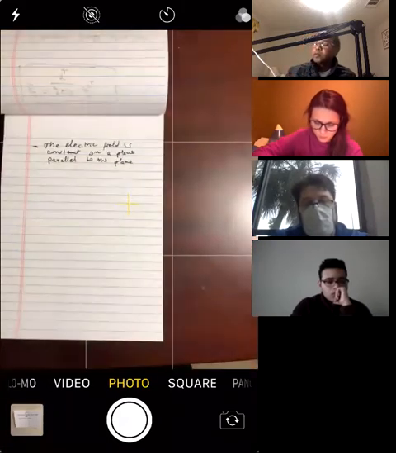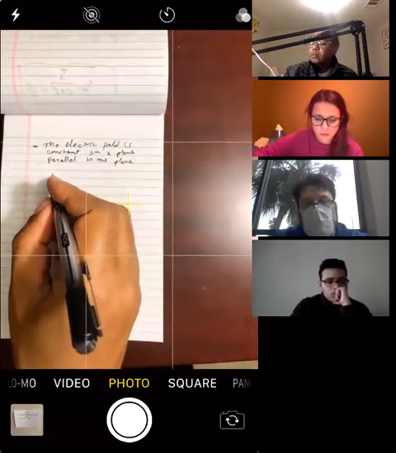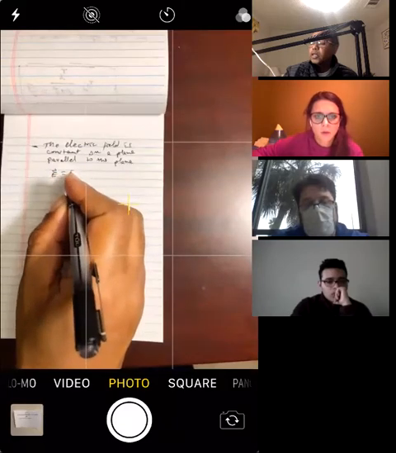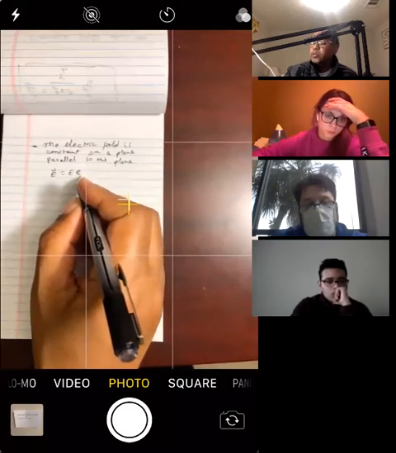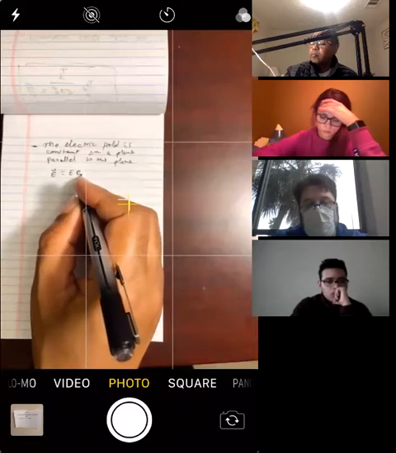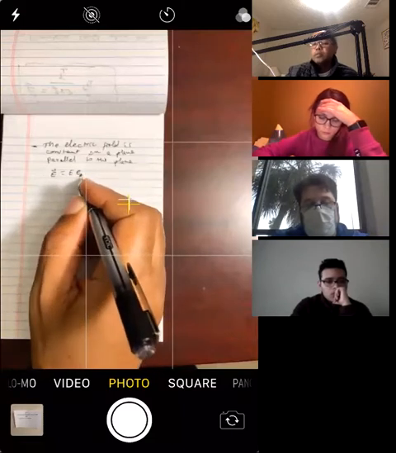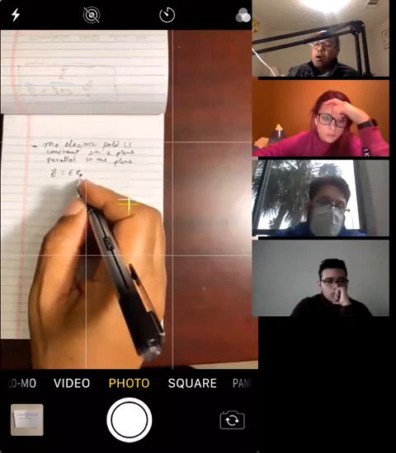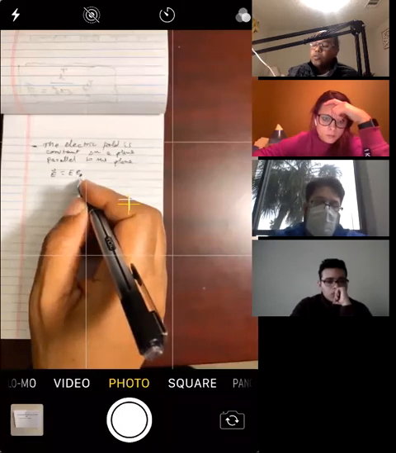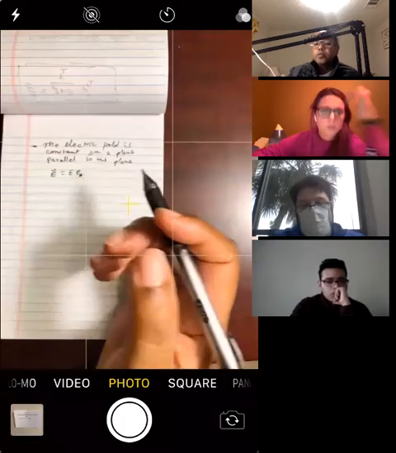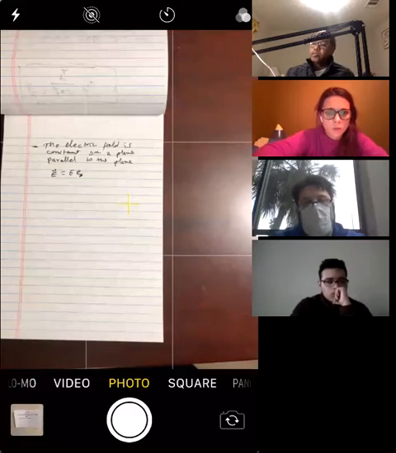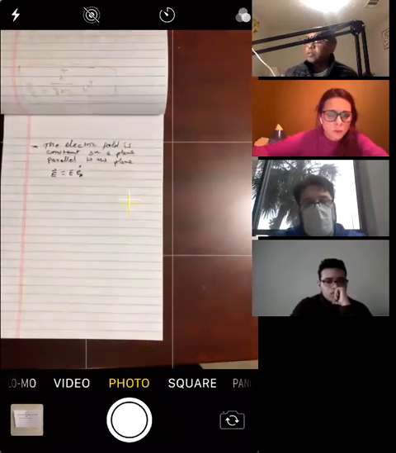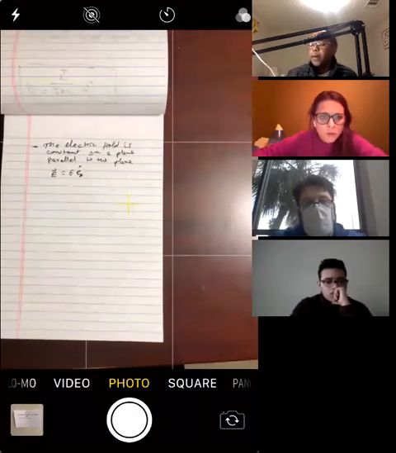The direction is going to be constant, and let's call the direction perpendicular to the plane the direction of the area, EA. The electric field is going to be in the direction of the area. On the other side it will be the negative direction of the area, but let's say it's E in the direction of EA.